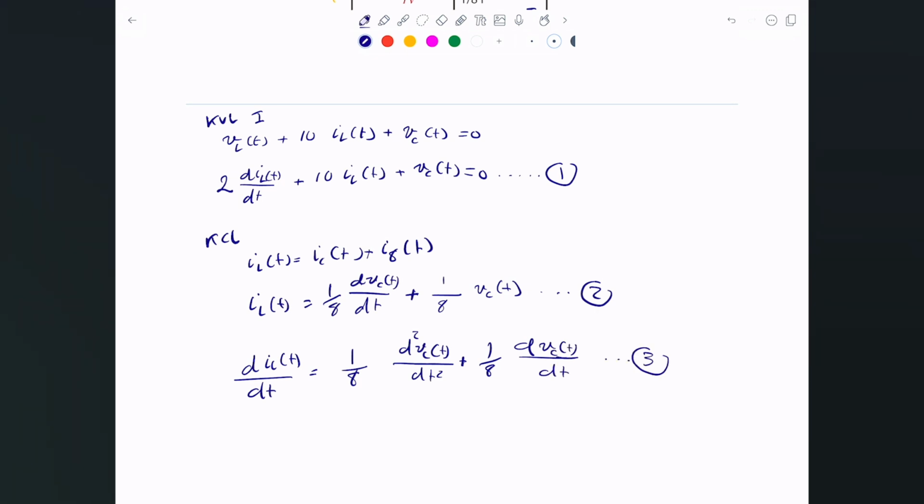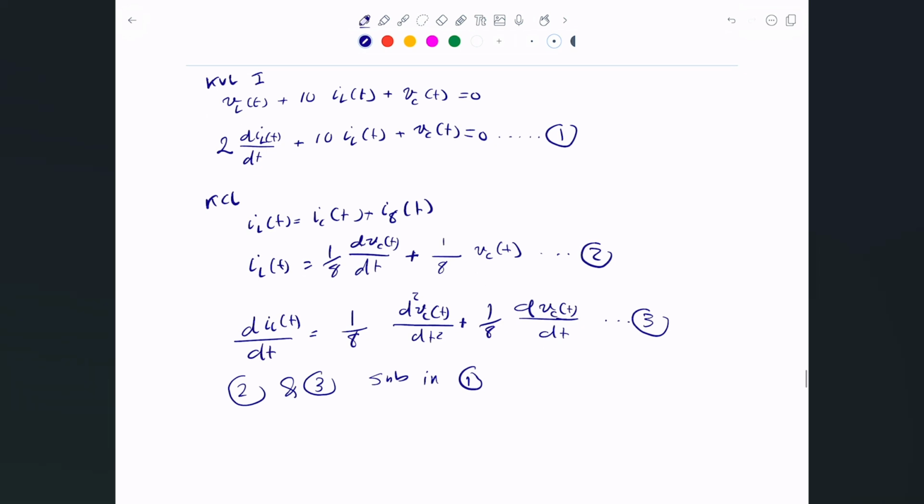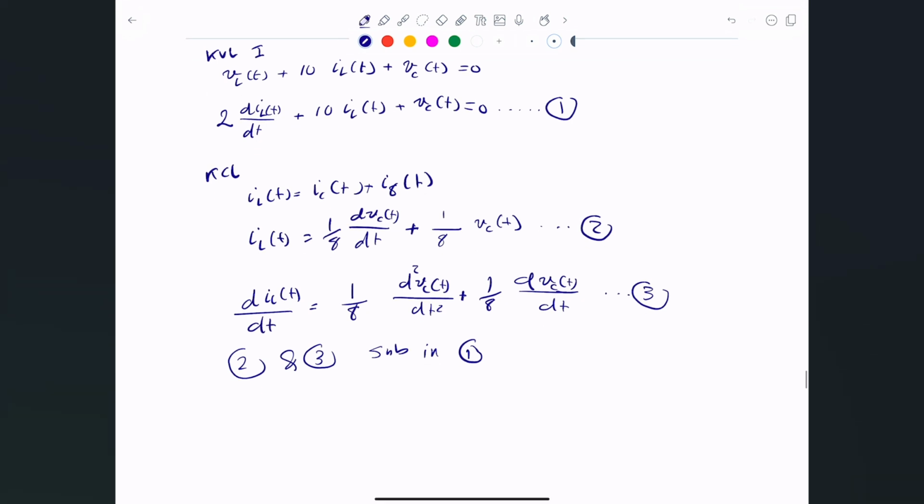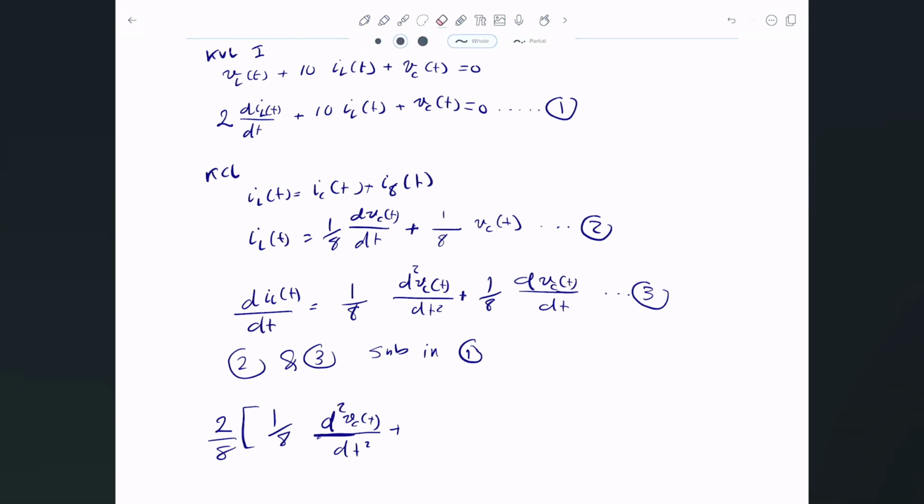Alright, so I'll take 2 and 3 and substitute in 1. What is 2 times 1 divided by 8 dVC of t divided by dt? Actually, it's this one here, it's the second derivative. So d squared VC of t divided by dt squared plus, let's take that out, I don't need it.